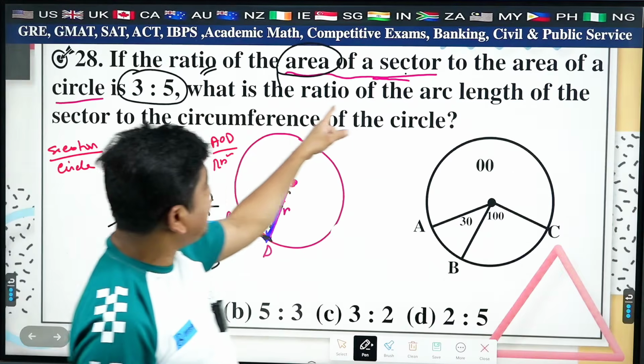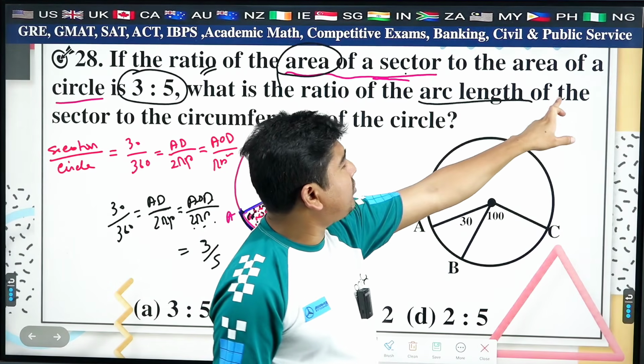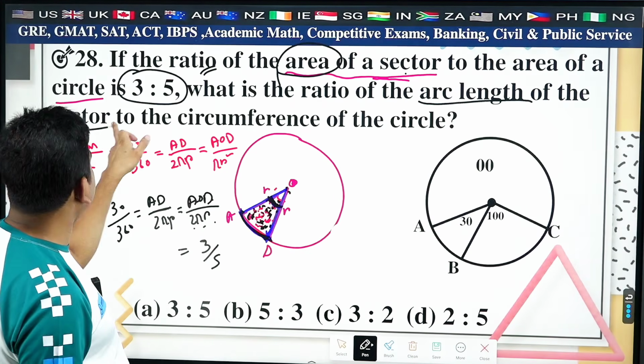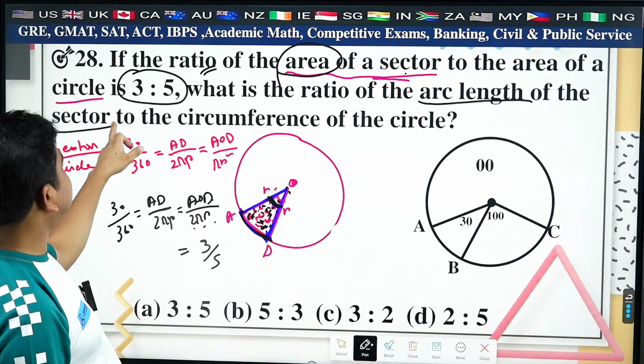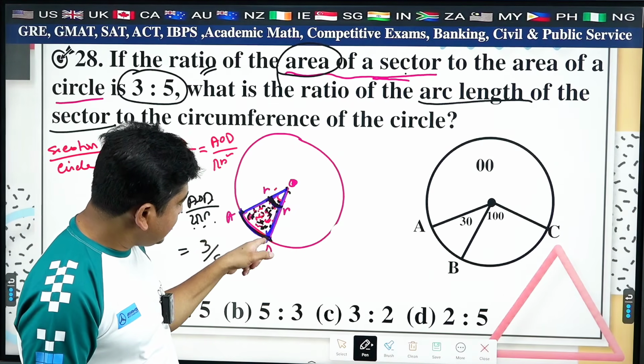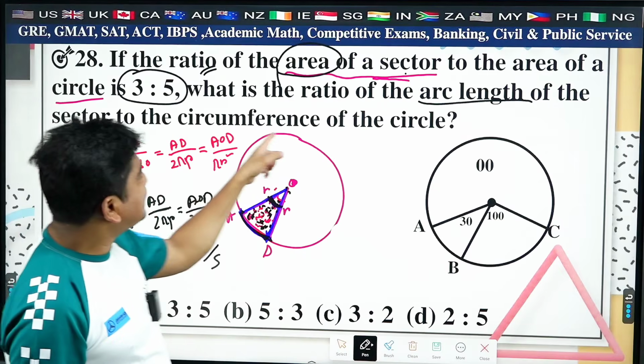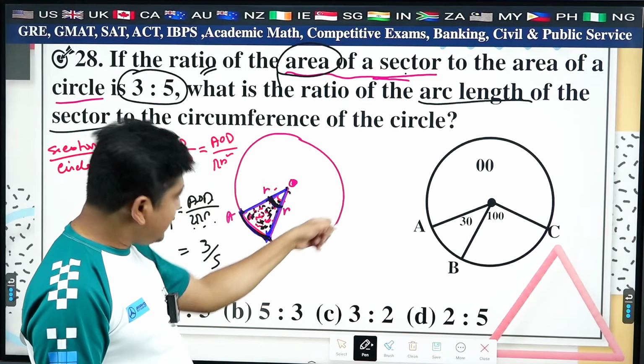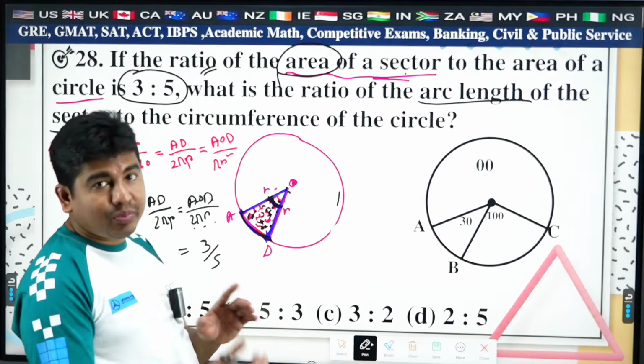You have to find what is the ratio of the length of the arc of the sector, that means arc AD, to the circumference of the circle. Circumference, that means perimeter of the circle, 2πr.